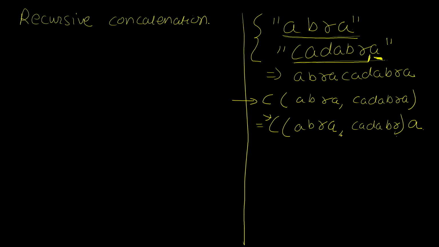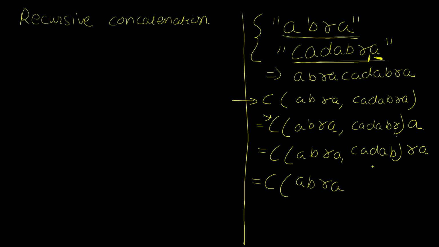So I can apply exactly the same definition again and I'll get a concatenation of ABRA with CADAB. Okay, and R will be a part of the result. And you can see what will happen eventually. I'll get the concatenation of ABRA. All of this will be exhausted and only the lambda will be left here, the empty string. And then I'll have CADABRA.